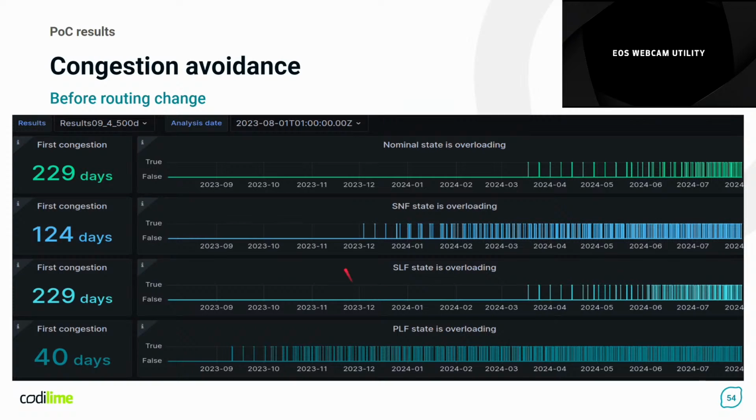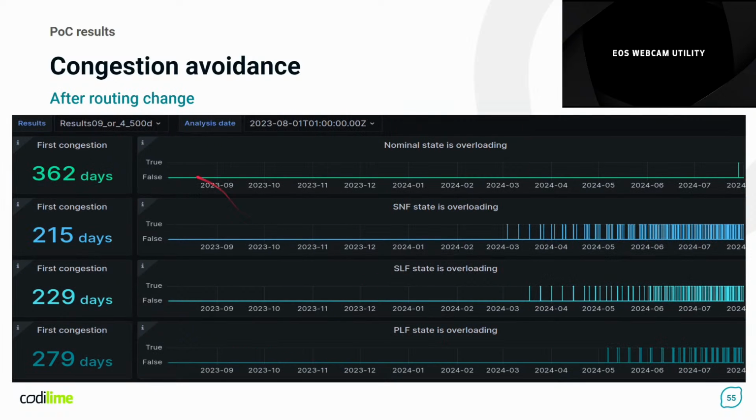This is the known result for the current situation, before our change, and this is for the new scenario. Here we see that the performance for particular failure states was improved, because we have longer times to the first congestion without costly investment into new capacity.